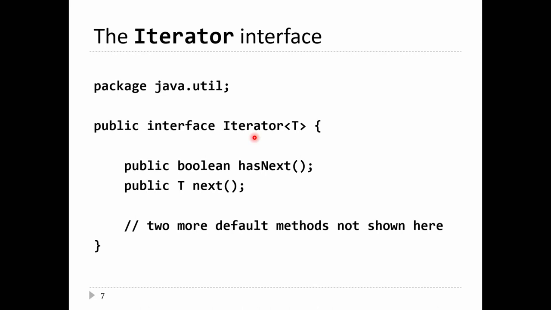For the time being, all that we care about in Iterator is that it has two methods: hasNext and next. HasNext returns true if the iterator has more elements in the sequence to look at. Next returns the next element in the sequence.